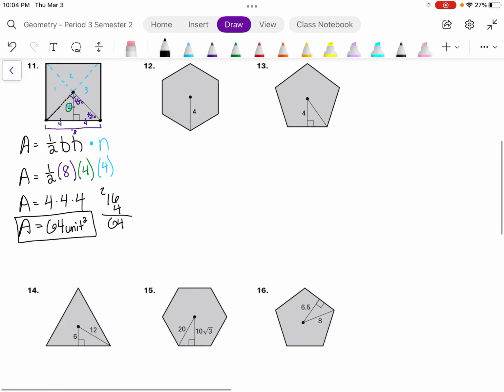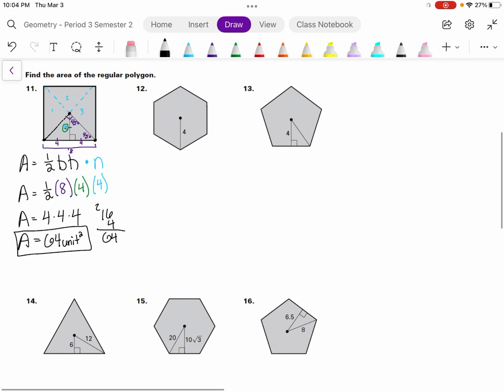So that's what you're going to do for 12, 13, 14, and 15. If you have any questions on these, let me know. Remember, for a lot of these, you are going to be using special right triangles.